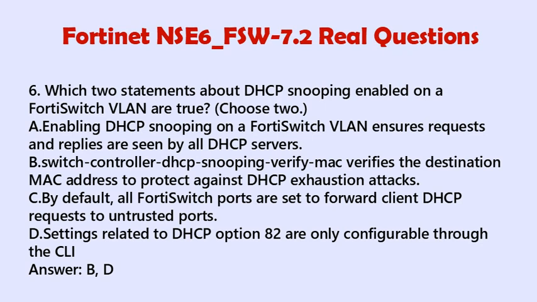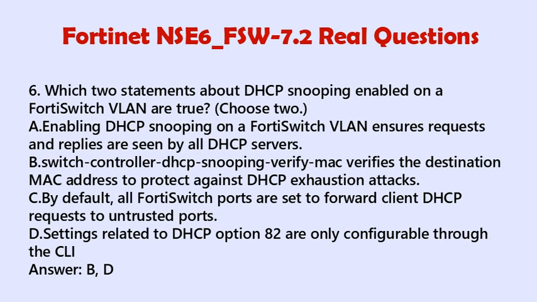6. Which two statements about DHCP snooping enabled on a FortiSwitch VLAN are true? Choose 2. A. Enabling DHCP snooping on a FortiSwitch VLAN ensures requests and replies are seen by all DHCP servers. B. Switch-controller DHCP snooping verify-mac verifies the source MAC address to protect against DHCP exhaustion attacks.